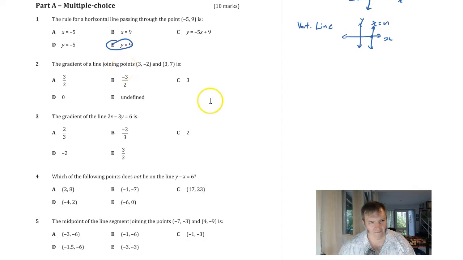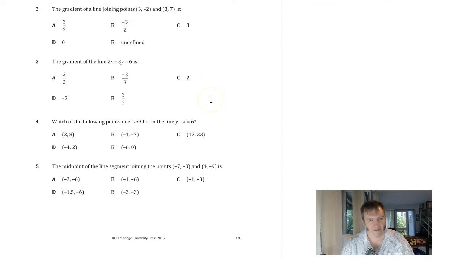Alright, the gradient of the line joining the points (3, -2) and (3, 7). So remember, your gradient is your rise divided by your run, which we can also measure as the change in the y coordinates divided by the change in the x coordinates. And if they actually give the coordinates, then we usually go y2 take y1 divided by x2 take x1.